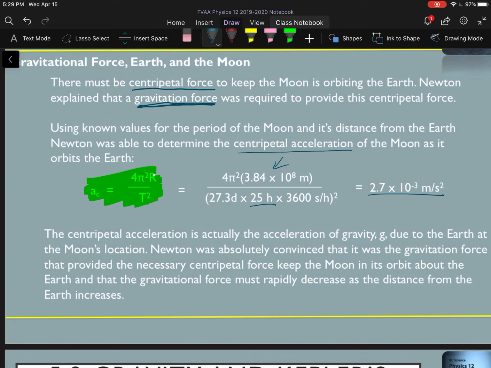So g is actually calculated based on the radius of the surface of the Earth, and assuming that the object is being measured on the surface of the Earth, which is the majority of objects when we're dealing with physics. However, now we're going interstellar here into space, so that g is no longer the assumption anymore of 9.81. G is going to change based on the distance between these large objects in the vast universe.